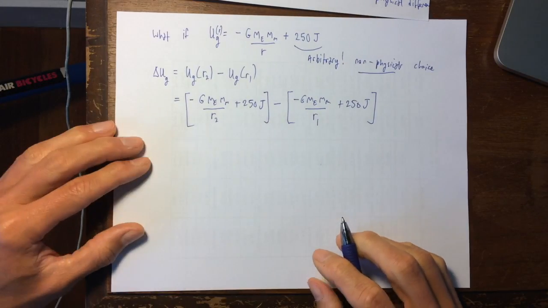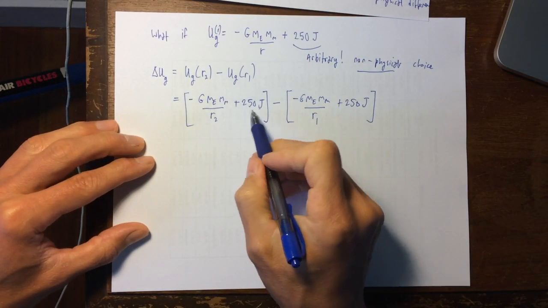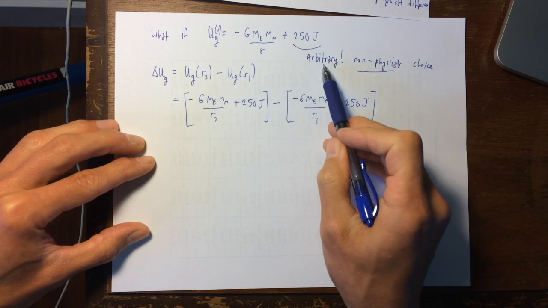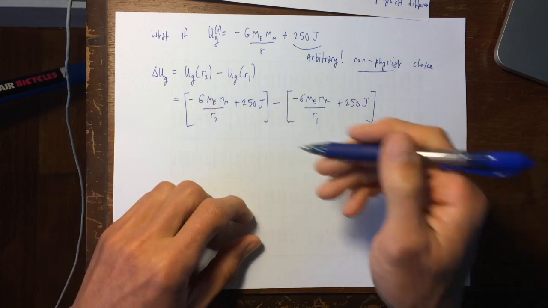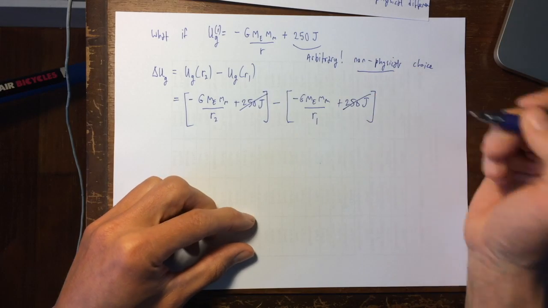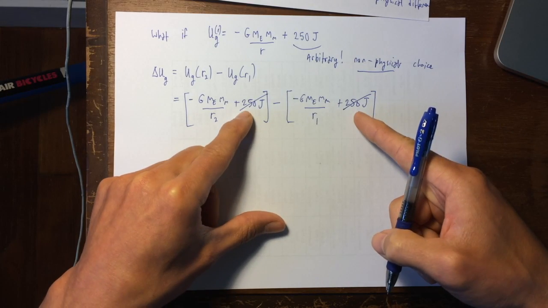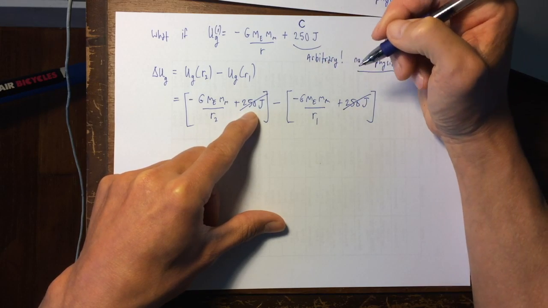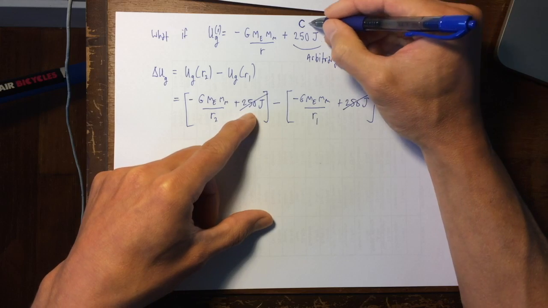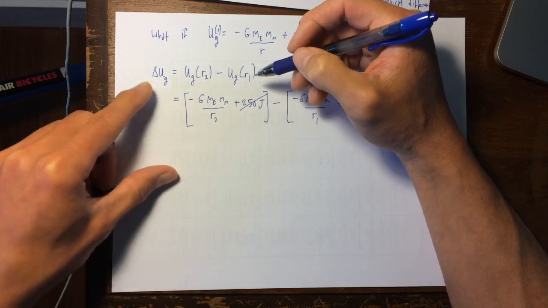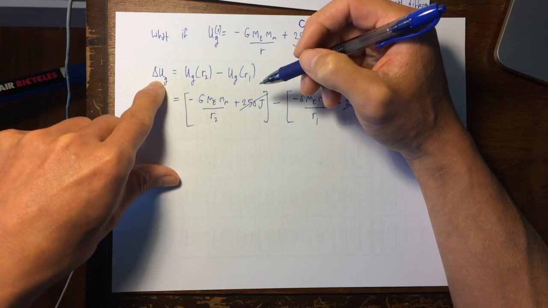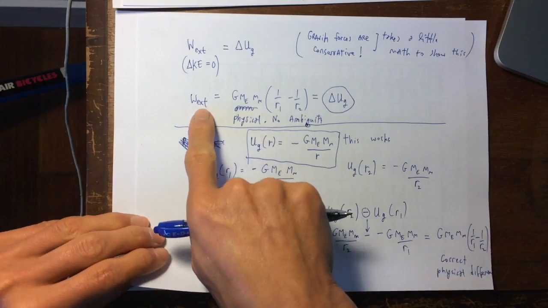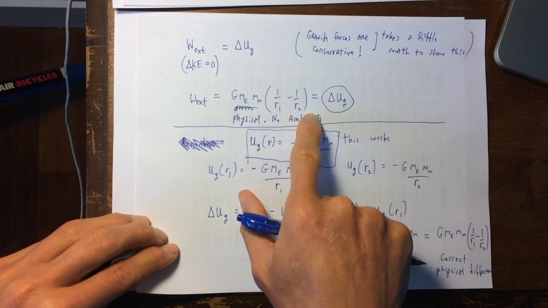And you can see what happens. This 250 joules, I subtract off the same arbitrary non-physical choice. This is the sense in which it doesn't matter. No matter what constant you put here, constant of integration, you'll always get the physical difference, where the physical difference is based on how much work you had to do to cause the change.